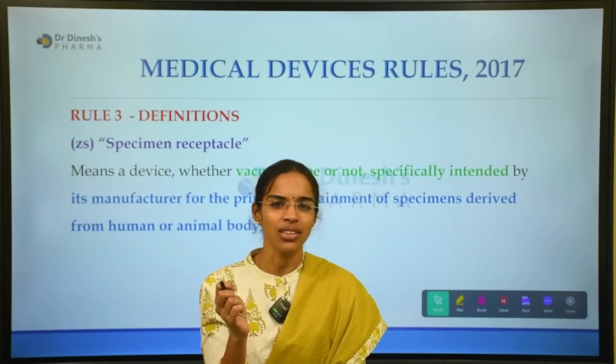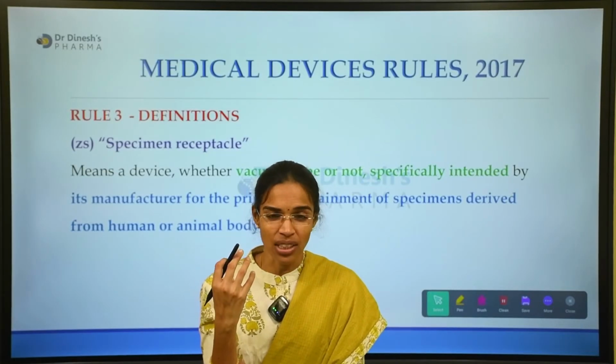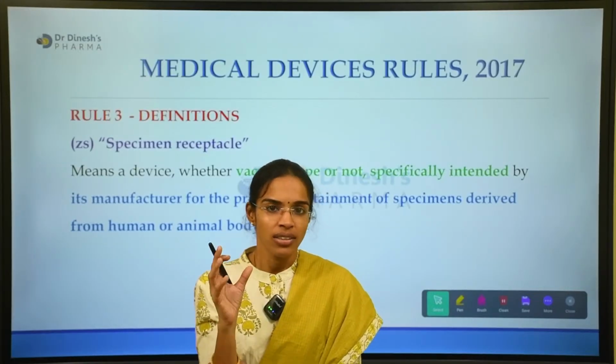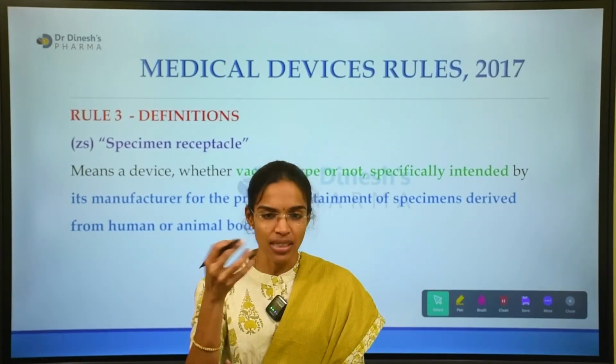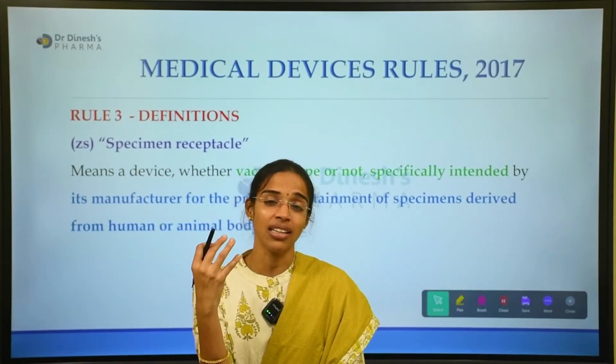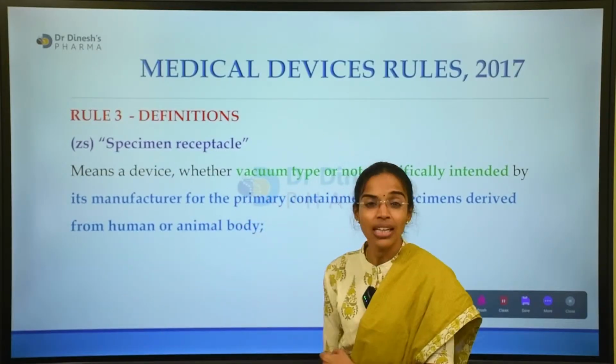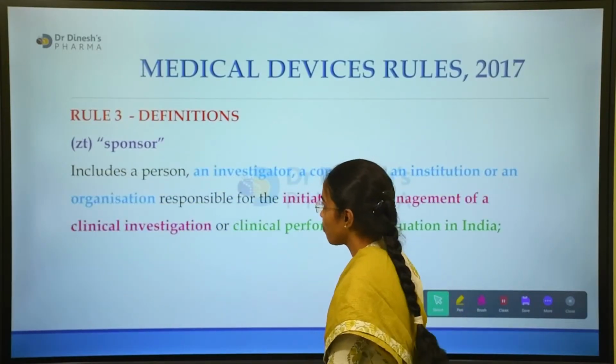Any sample collection containers may be called specimen receptacles, including biopsy sample containers or biopsy receptacles. All these come under specimen receptacles.